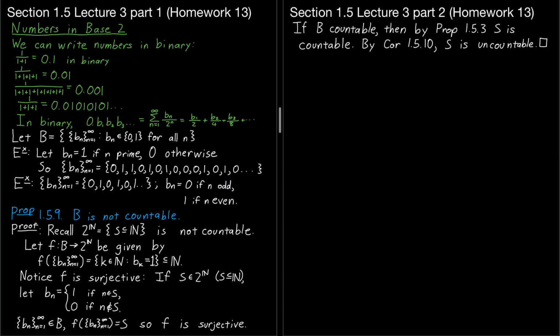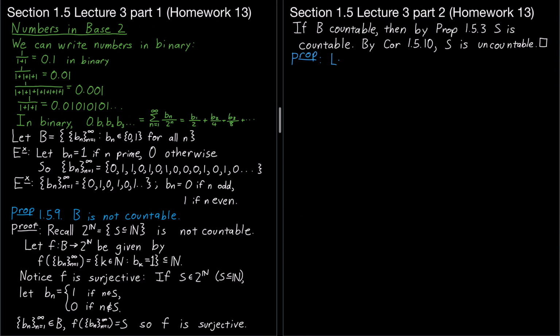Now we are going to prove that B is still uncountable if you throw out a certain subset, which, as you'll see, we do not like. So here is our proposition.